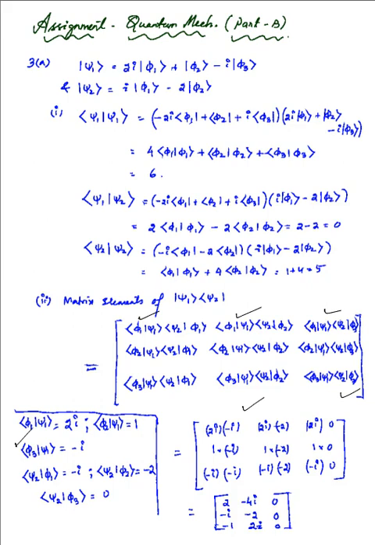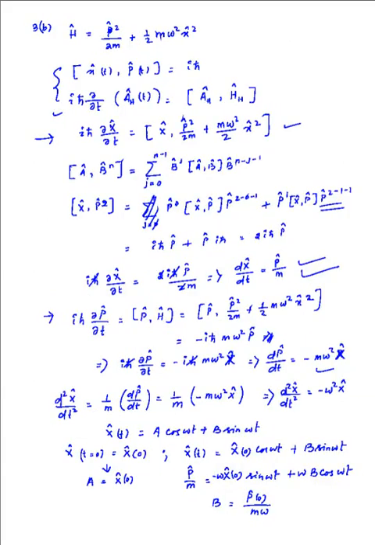In the next bit, we are supposed to obtain these two values, dx, the derivative of x, the position operator, and the derivative of the momentum operator, for a particle of mass m in the gravitational field, with the Hamiltonian provided.